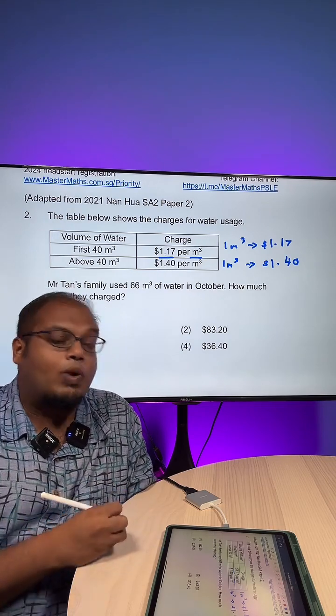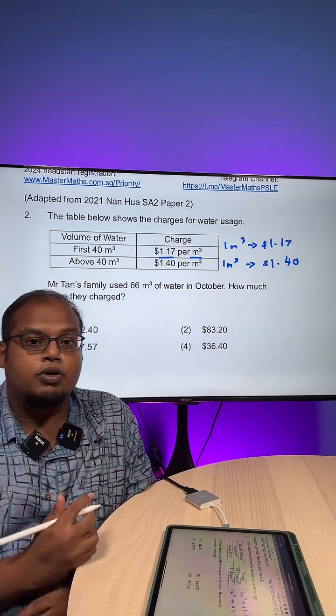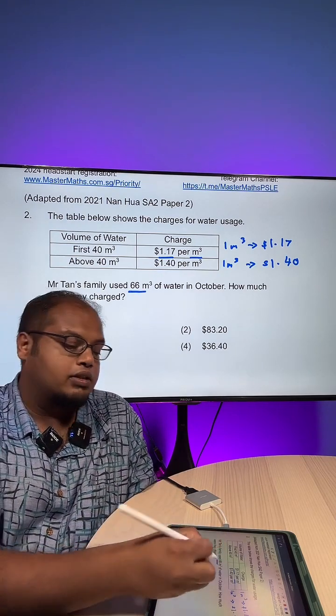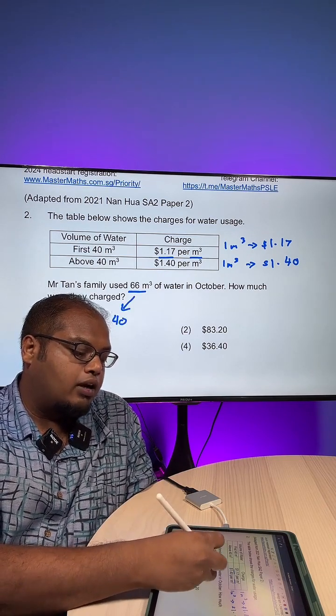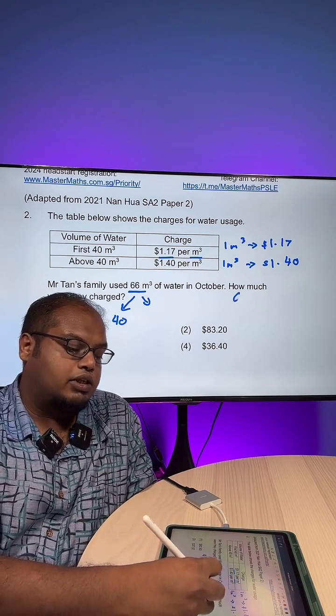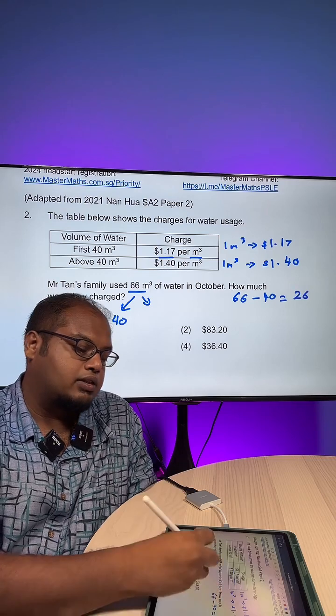Now what we have is something that is more than 40 meter cube. So you have 66 meter cube. What you can do is split it up to 40 and the remainder, which is 66 minus 40, and we will get 26.